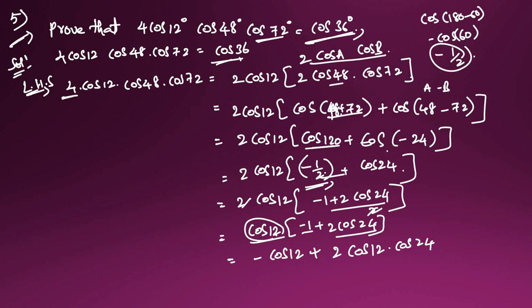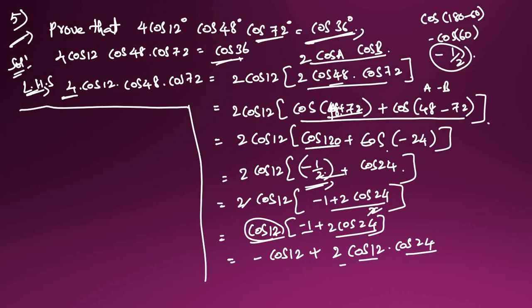So this is again 2 cos A cos B, this formula only. So we have to use this formula here. I am writing here again, I don't want to take a new page, I will continue here only. It will become minus cos 12 plus 2 cos A cos B like that. So it will become cos of 12 plus 24, and plus cos of 12 minus 24 will come here.